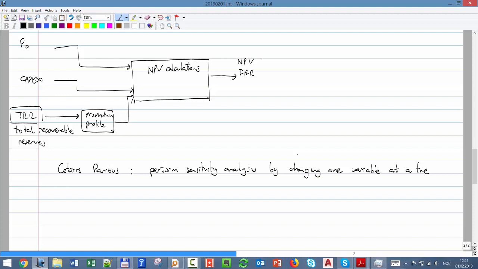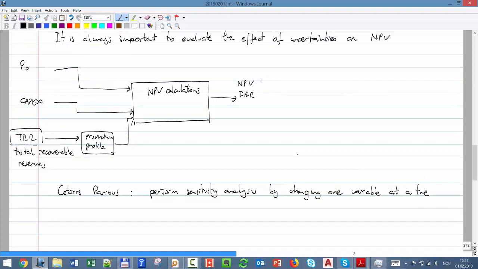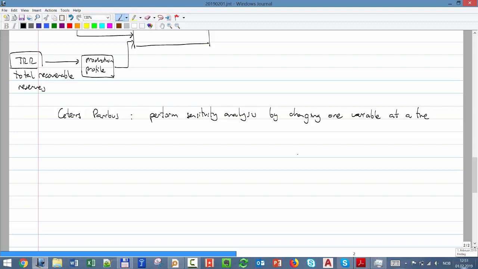So that means for oil price you change 20% higher, 20% lower, and record these three cases. So you have NPV and you have oil price and you have the base case. Let's put this one below. And you say, well, that's a bit simplistic, but really in many cases the industry is simply using this.